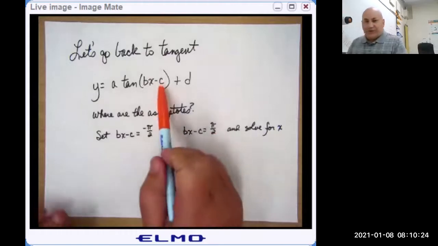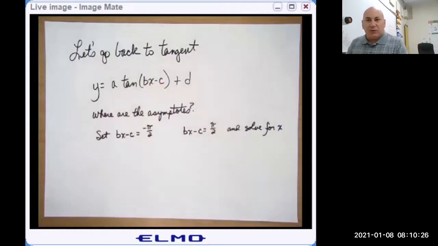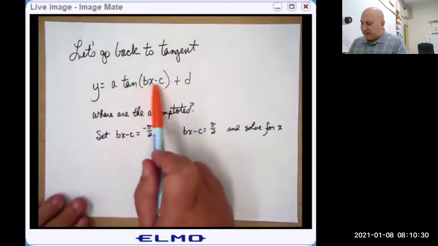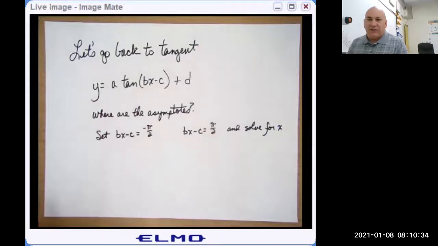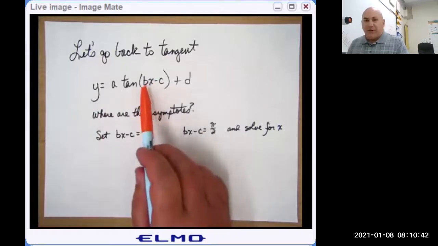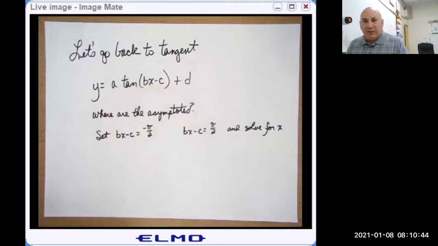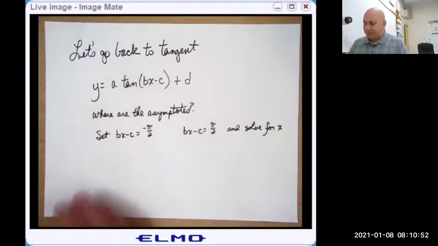Now remember, this c value is going to horizontally translate the graph. So if you set bx minus c equal to negative pi over 2 and to pi over 2 and solve for x, you'll get the asymptotes of your phase shifted graph. Also, the period of this is not 2 pi over b, as it is for sine and cosine. It's pi over b, because tangent only has a period of pi.